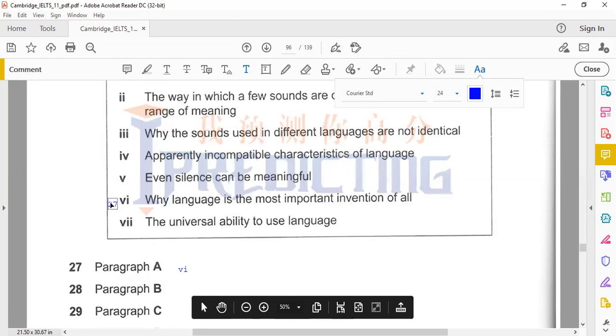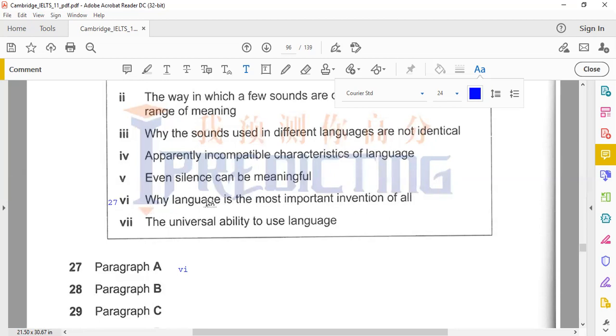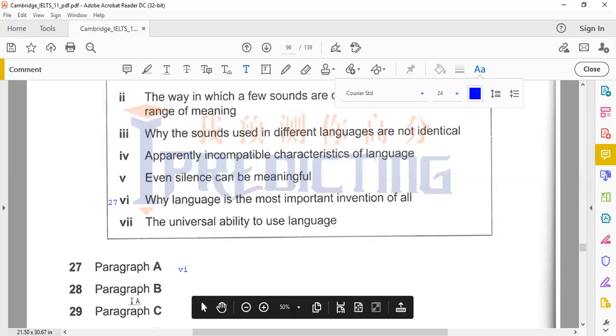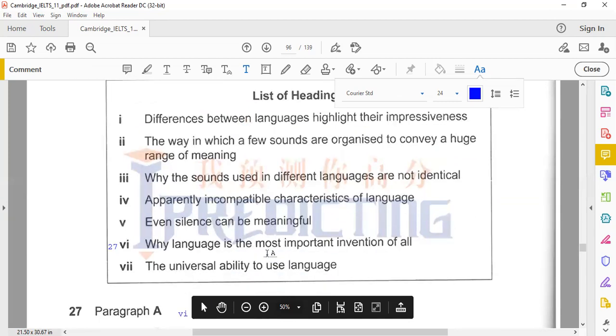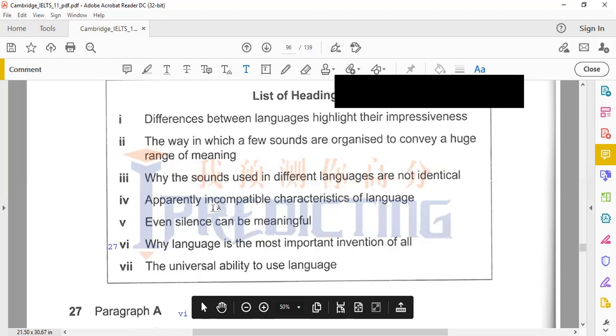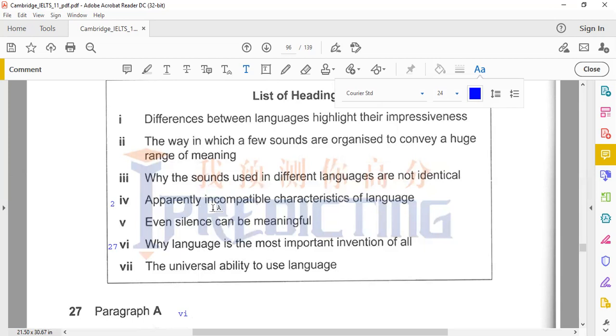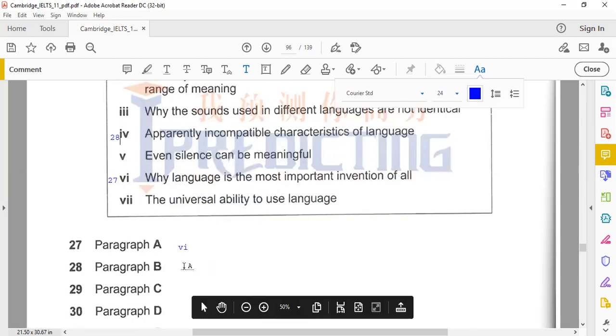And I am writing this here so that I understand that I have used this option before. So I may not have to read it again and again. Then read paragraph B and then come on to this section and trace the relevant information. In this case, 28 relates to option 4.